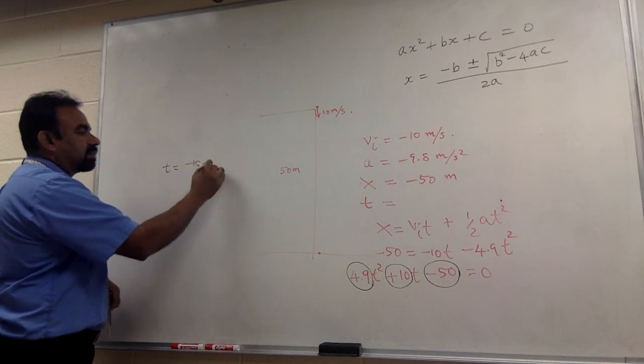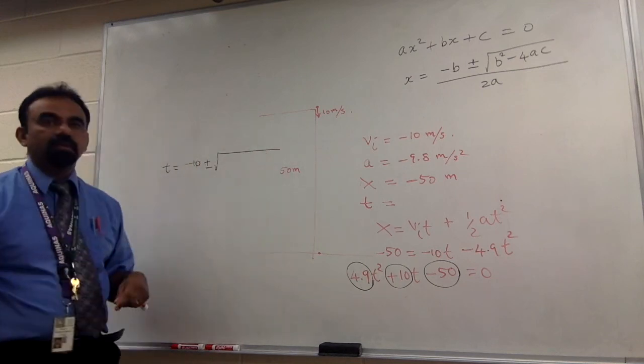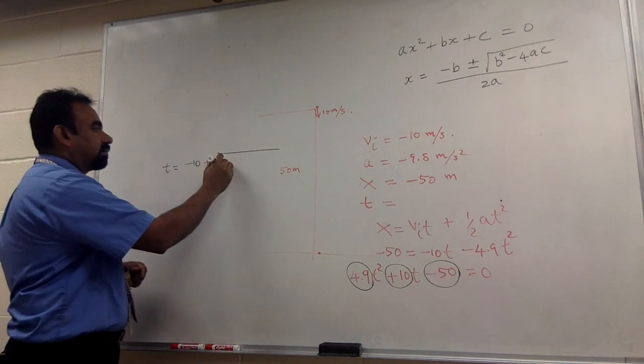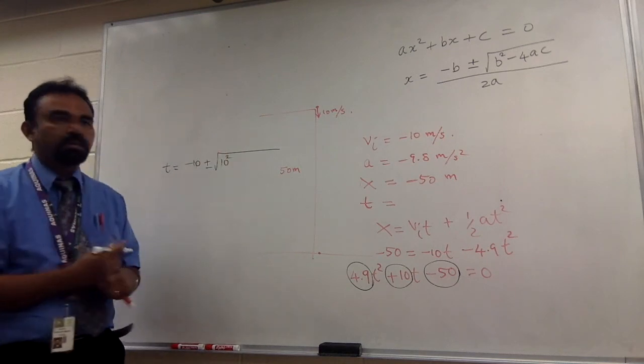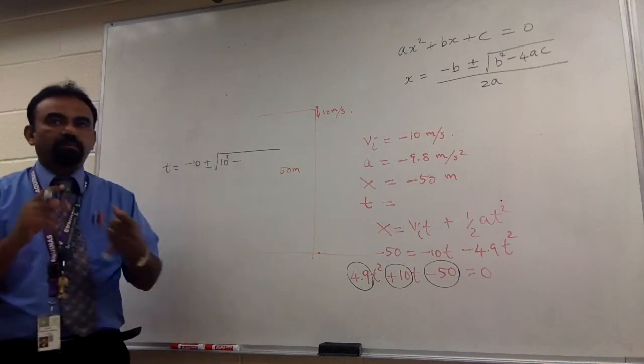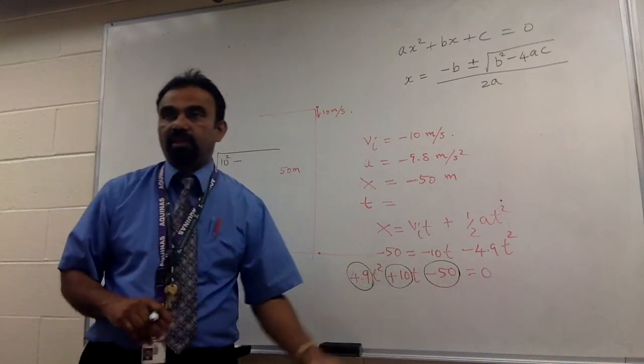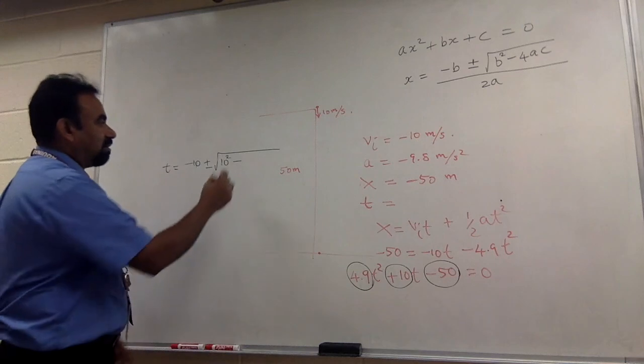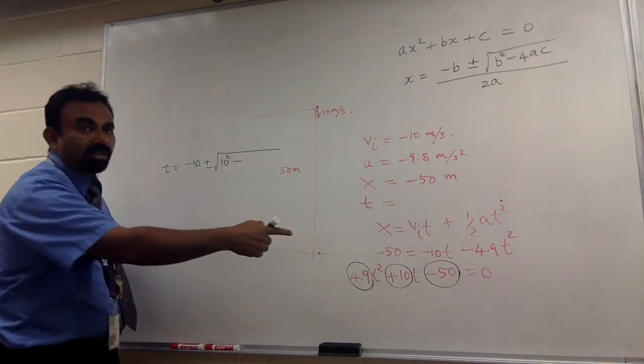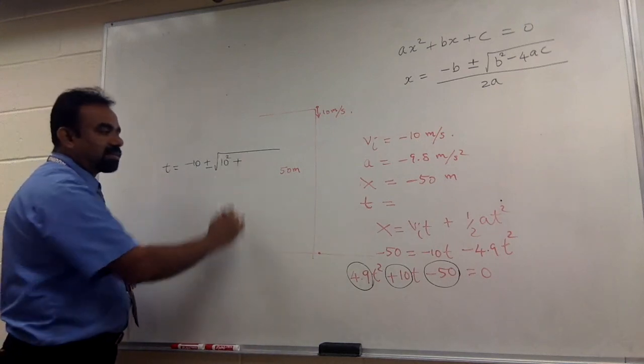Plus or minus root of B squared, so 10 squared, minus 4 times A times negative 50. When you have a minus and a negative 50 coming in, it becomes a plus.